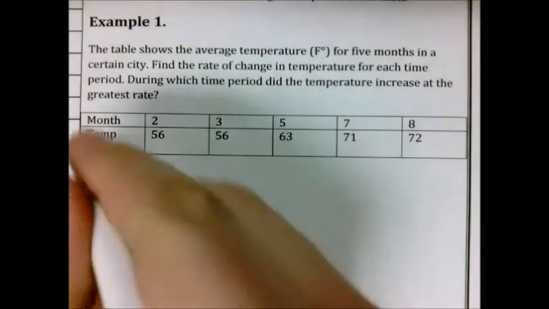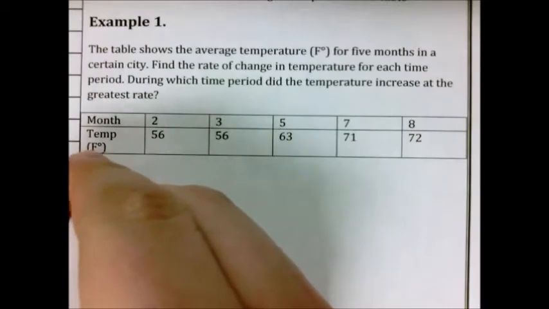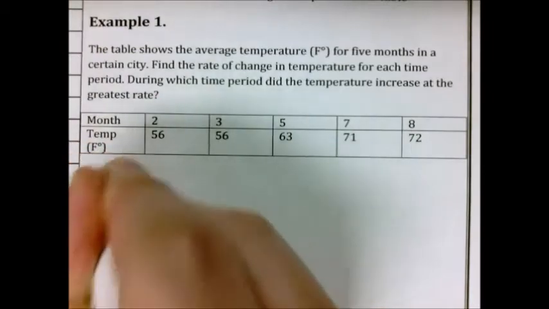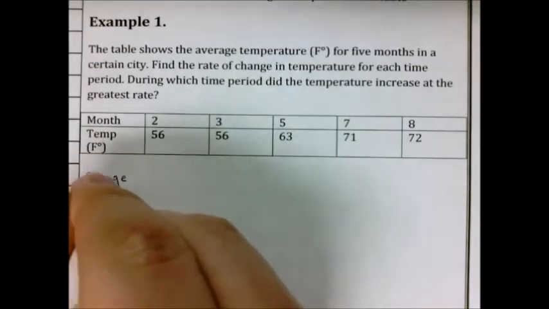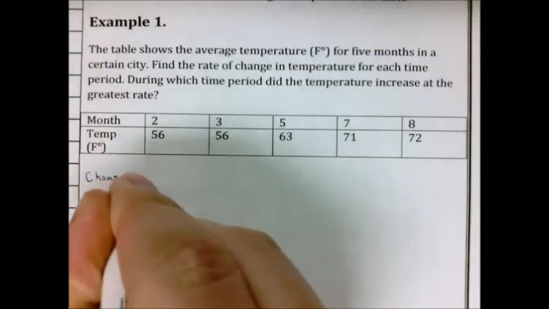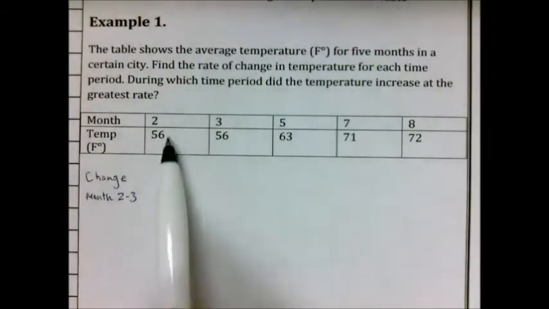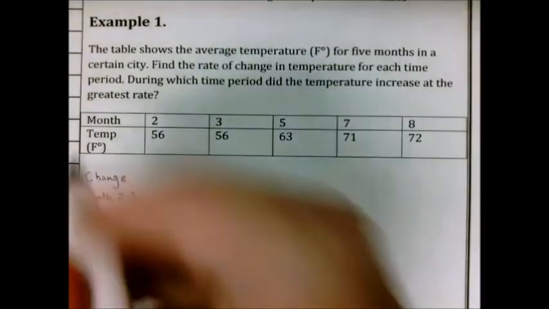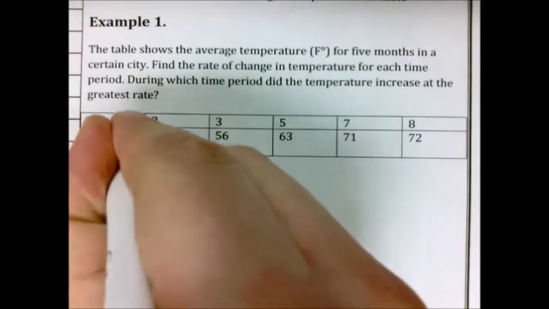Alright, so let's go ahead and do that. We're going to find the rate of change from month 2 to 3. We're given month 2 is 56 degrees, month 3 is 56 degrees. And remember, that's the change in the independent variable. Independent variable is the temperature. I might write IV here.